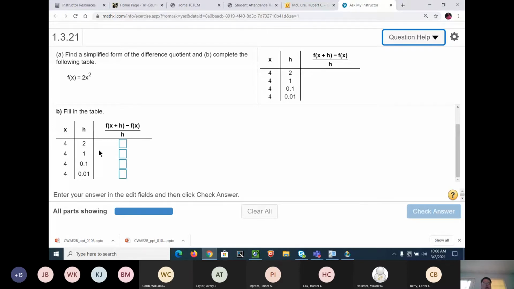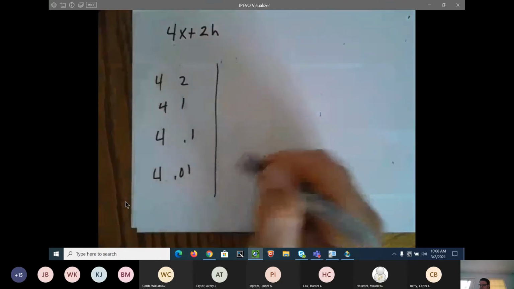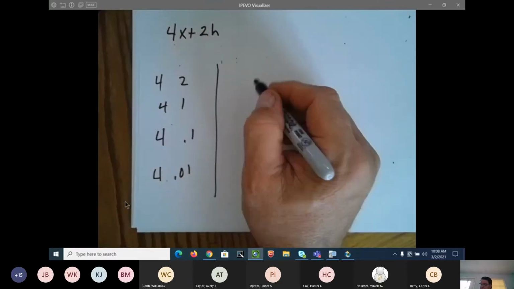And they want 4, 2, 1, 0.1, and 0.01. They're just showing you the limit rule, the squeeze theorem is what they're showing you.